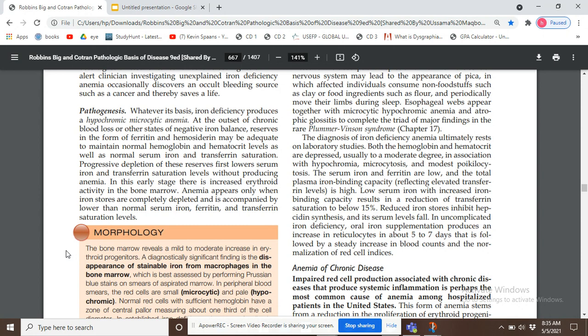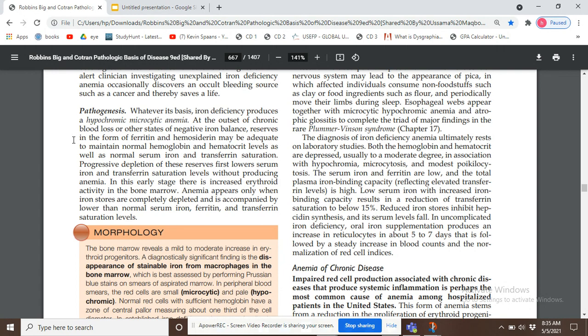It produces hypochromic microcytic anemia. Hypochromia means there will be less hemoglobin, there will be more pallor of the red blood cell. We will see that. In hypochromic microcytic anemia, the RBC size will be small, and hypochromic means more pallor in the center of the RBC.